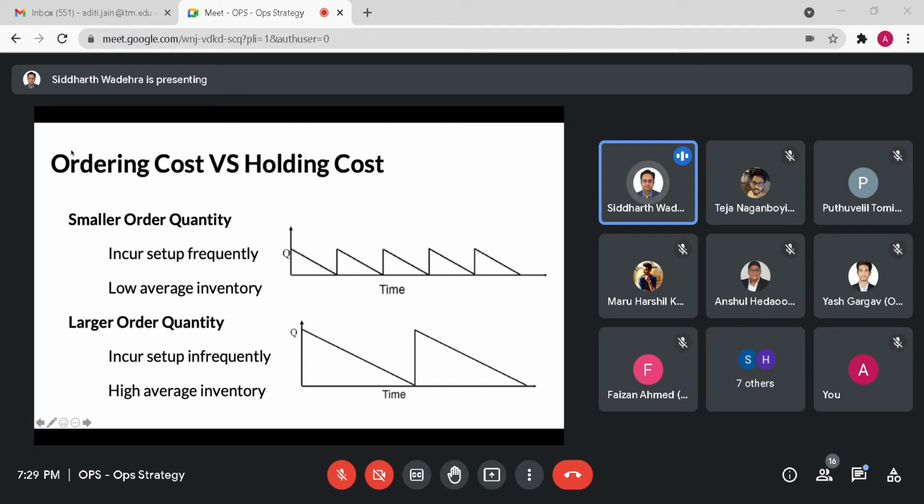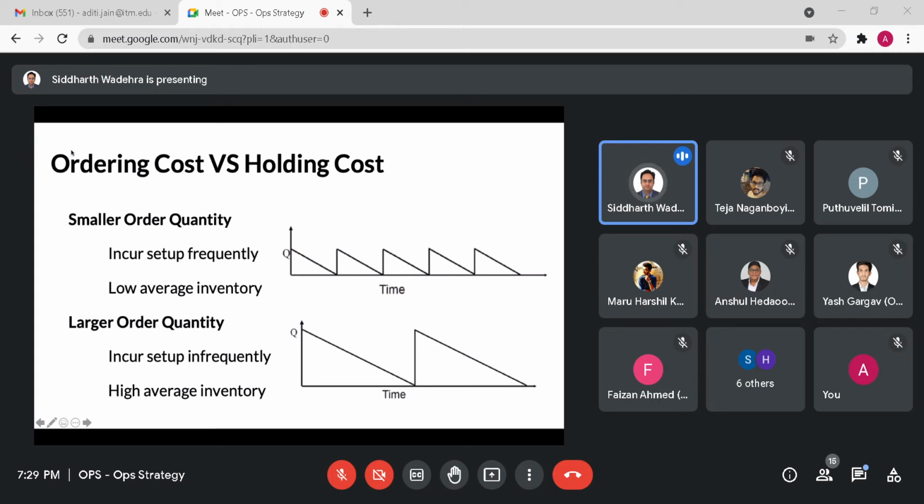You will order more frequently and you will have many more orders. So if you have a fixed ordering cost, your annual ordering cost will be very high because you've ordered many times. So you have ordered n number of times. If it's like 15 times in a year or 18 times in a year, that will typically be a part of your ordering cost.